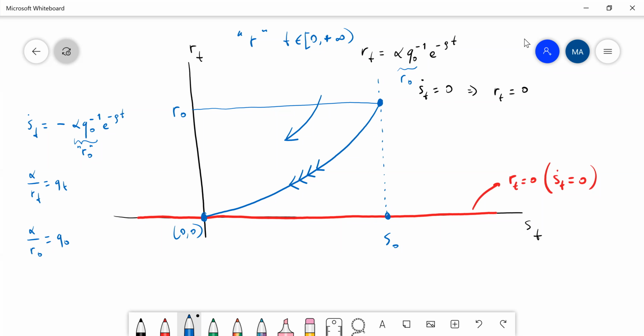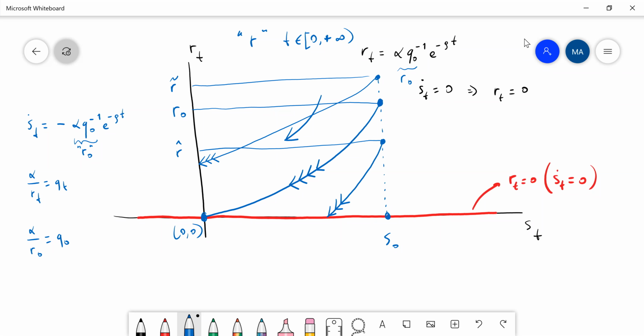If I choose a point lower than this, let's say I choose R hat, then I will go here, for instance. If I choose a point here, let's say R tilde, I will go, let's say, here, because this model again is featuring a saddle-like behavior.